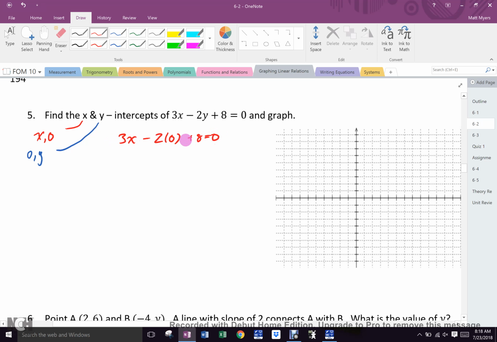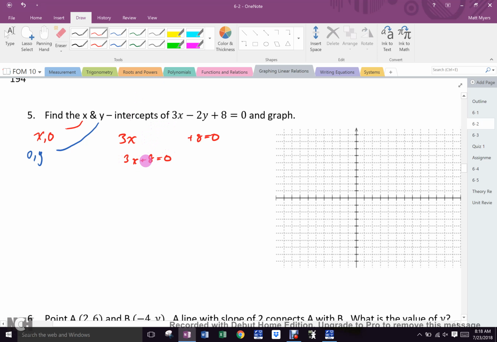Now you will notice if I'm looking for the x-intercept, what happened to the y-coordinate there and there? It drops out because it equals 0, doesn't it? So it drops out, and I am left with 3x plus 8 equals 0. What's your job every time you see algebra? Isolate the variable. How am I going to get rid of this plus 8?